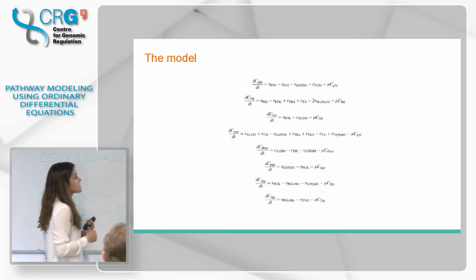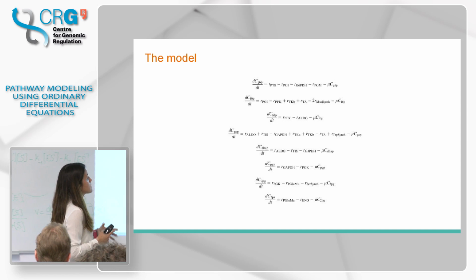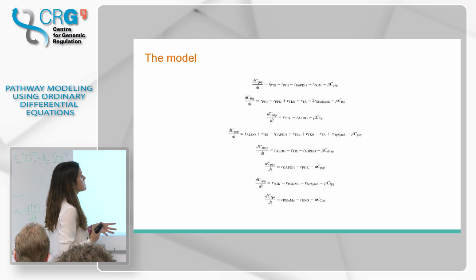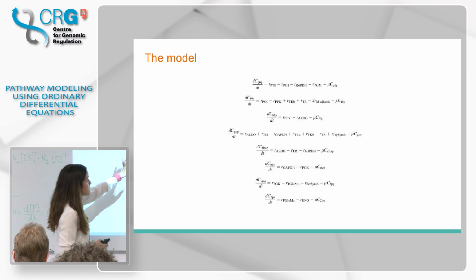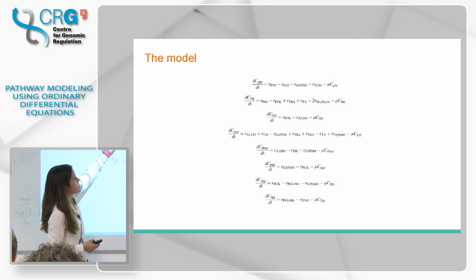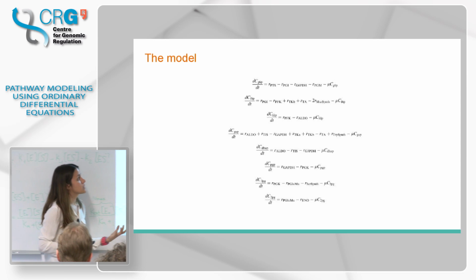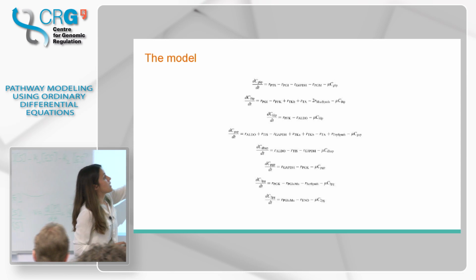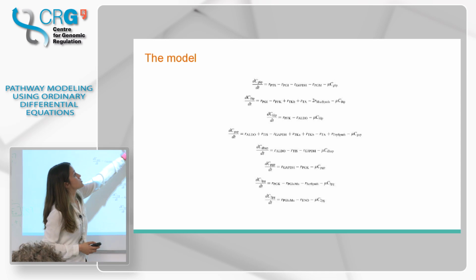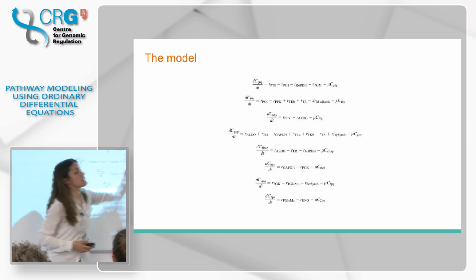So, as I mentioned before, we can describe the system by a set of differential equations. Each of them is referring to one single chemical species, one metabolite of the model. And here we have the producing and the consuming reactions, as well as the dilution.